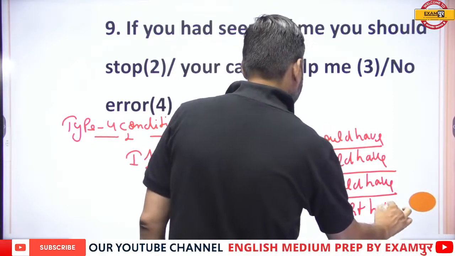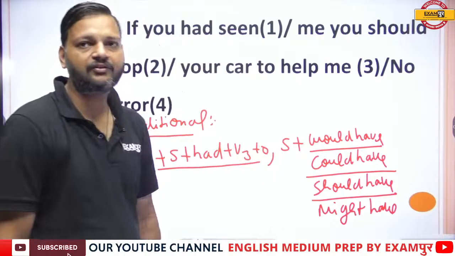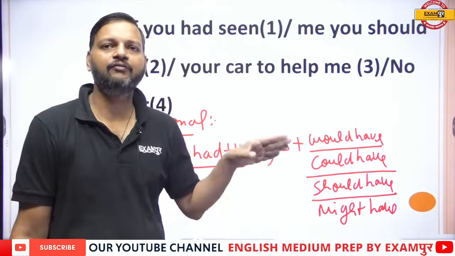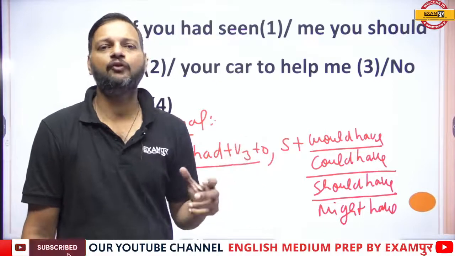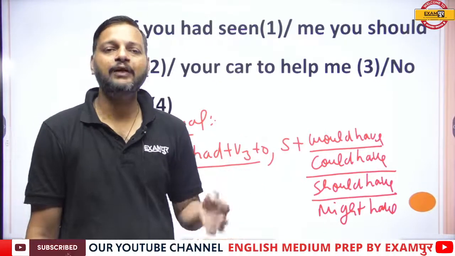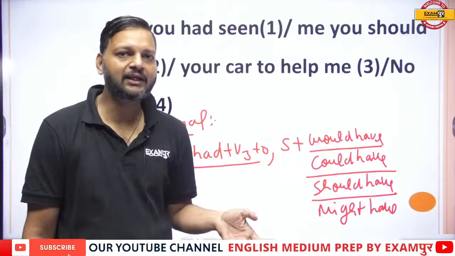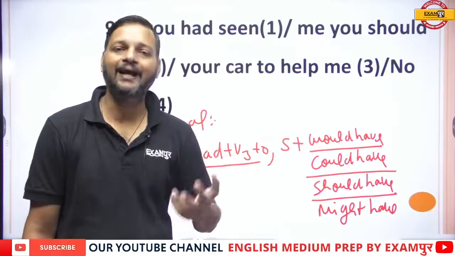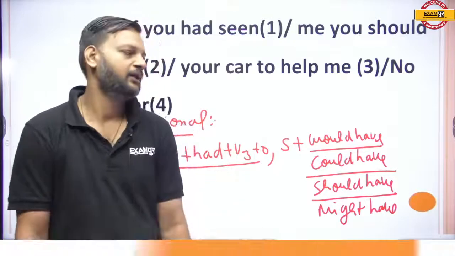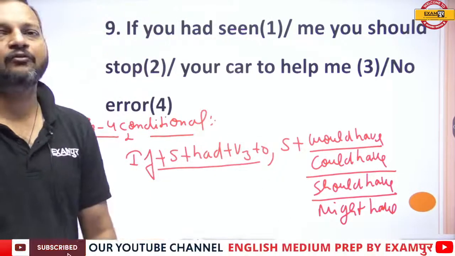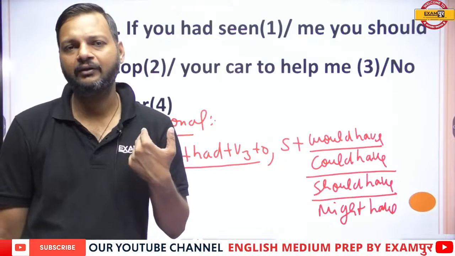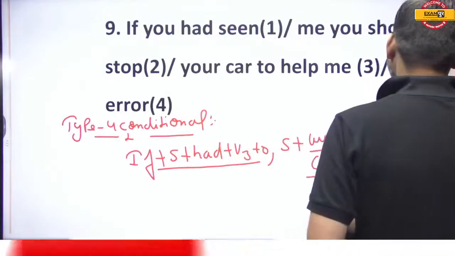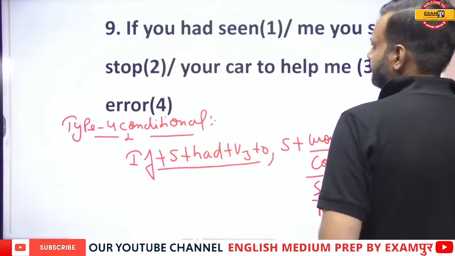You can use any of these 4 phrases according to the meaning. Might have is used for possibility, could have is used for ability or capacity, should have is used for advice, and would have is used for planning, but in past tense. So you can use any of these 4 phrases depending on the meaning. And after these words you have to write third form of verb and object.